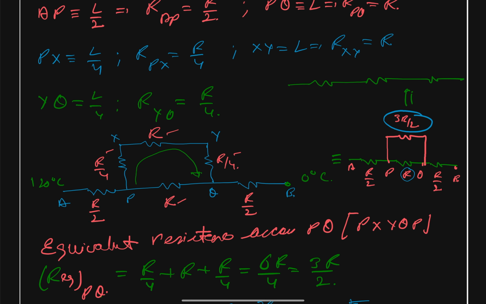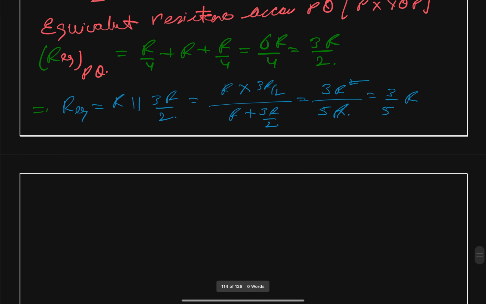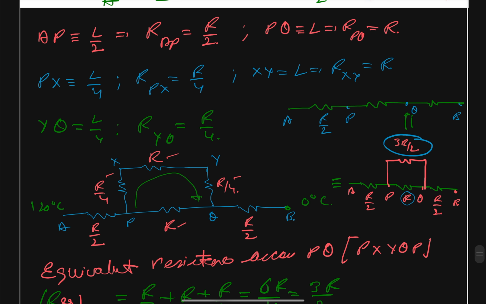So we have our A, this is our P, Q and B, R by 2, and we found out this is our 3 by 5 times R, and this is our R by 2.